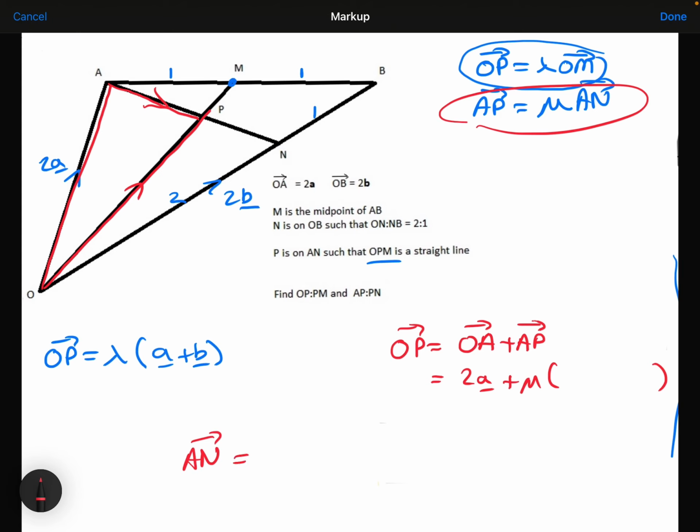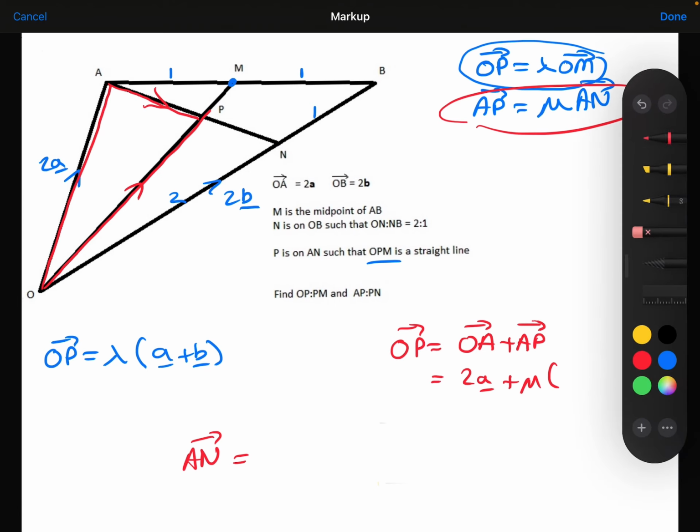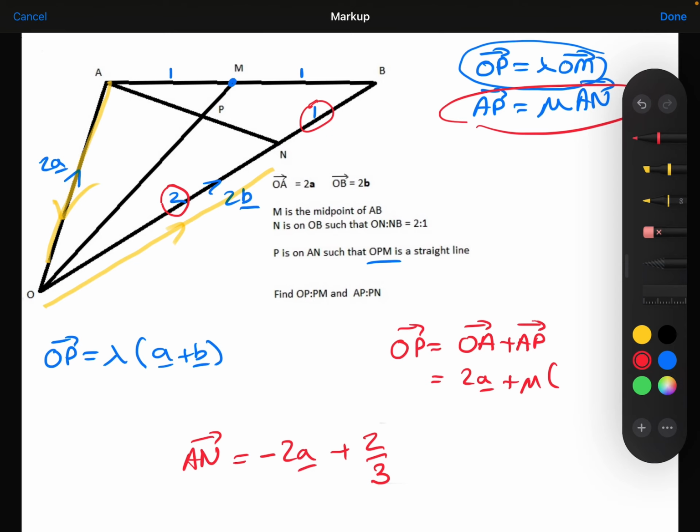I know that A to N, let me just clear a bit of space on my diagram, is going to be the same as A to O plus O to N. A to O is minus 2a. O to N, well remember this is 2 parts out of the whole 3, so 2/3 of the vector 2b, which we can simplify.